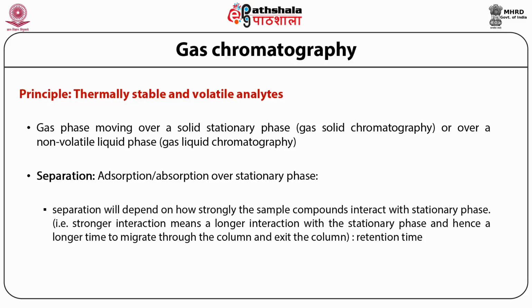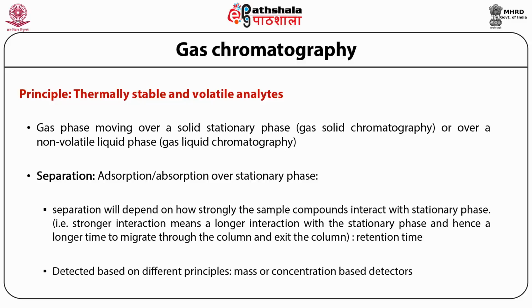Ultimately, sometimes when you are still not sure about your compound, you can use a known compound to spike your sample and then arrive at a conclusion as to whether the peak that you are interested in distinguishing is actually the compound of interest. The final detection of your compound that is being eluted, or is coming out of the column, is based on the kind of detector you're using.